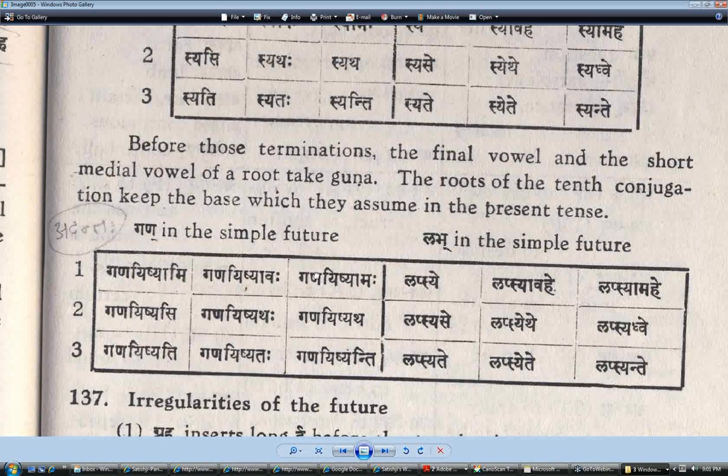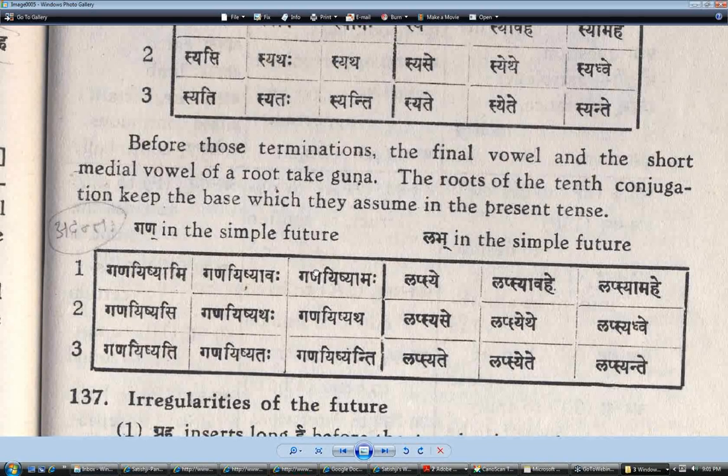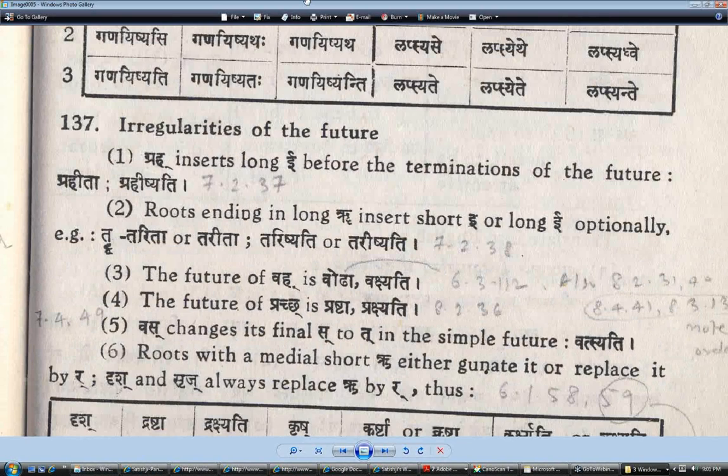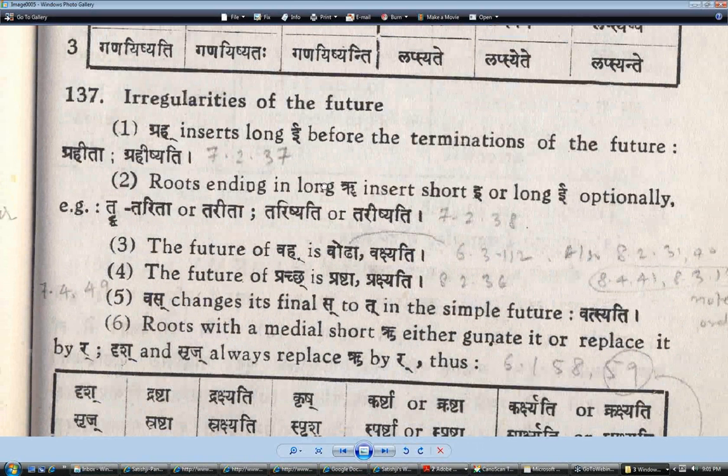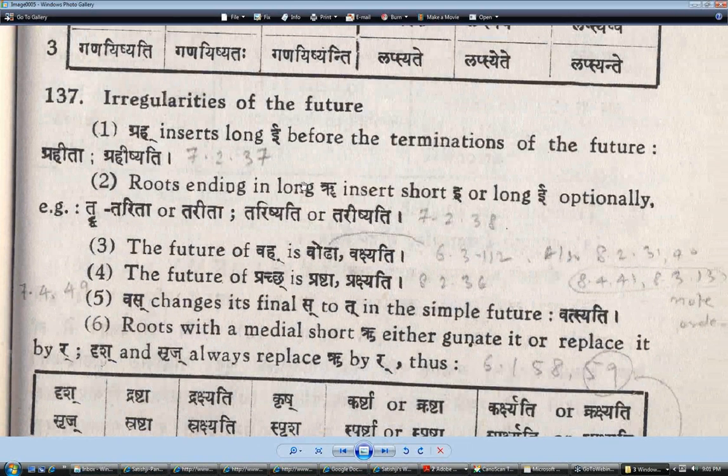Let me give you the numbers, then we'll stop for today. This is point number 137. The first point, for dhatu grah, use sutram 7237, graholiti dirgha, so the idagama becomes dirgha. The next point, number 2, use 7238.